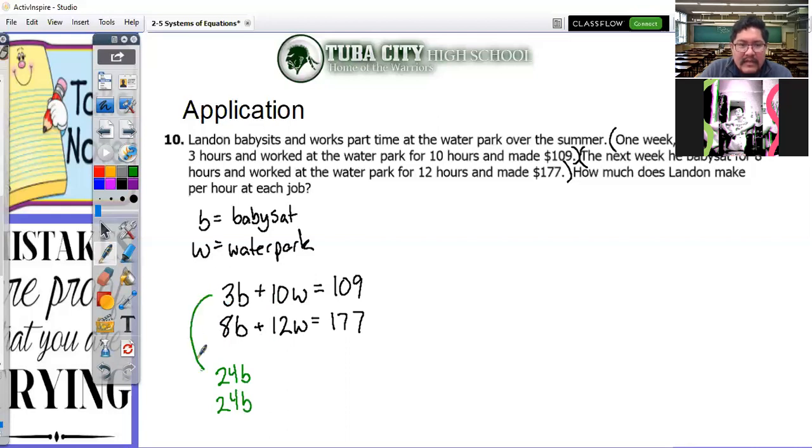So I'm going to make this top one negative, so I'm going to times everything by -8. And for this one here, I'm going to times everything by 3. So times the top one by -8: 10 times -8 would be -80W equals 109 times 8.